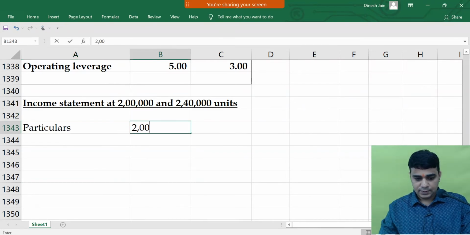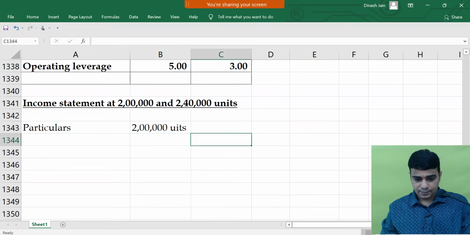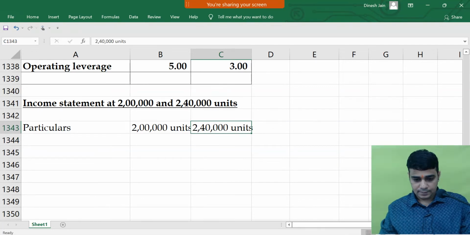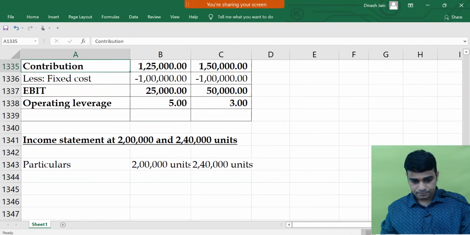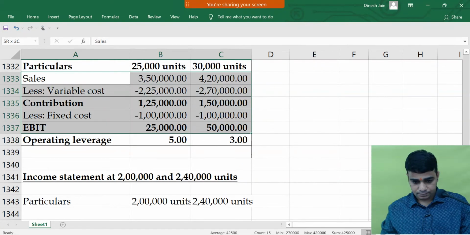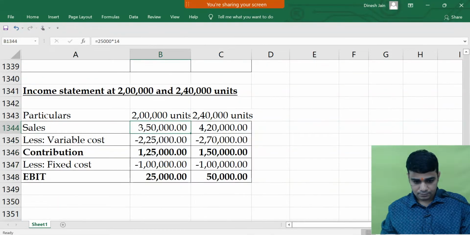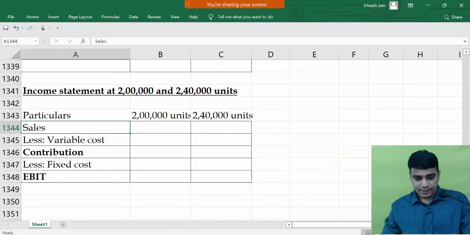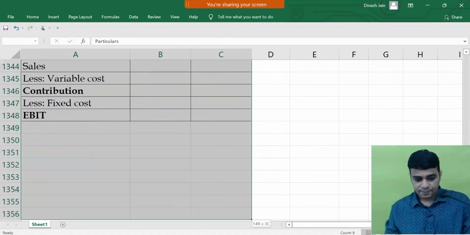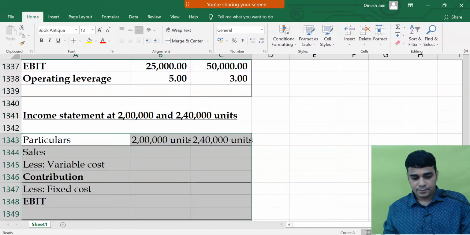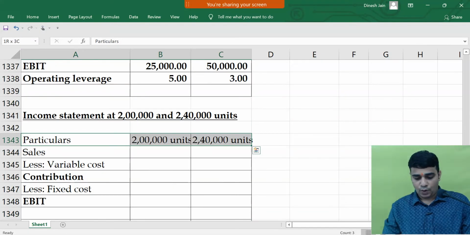Particulars: 2 lakh units, 2,40,000 units. We have a format to calculate all leverages.